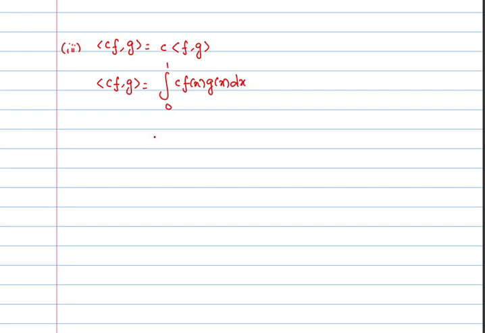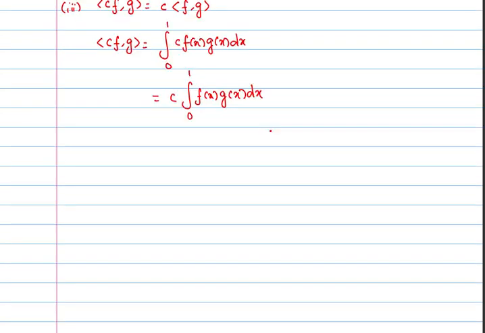Correct? Now look, this is some constant. Because my integral operation is always linear, I take C outside: C times the integral from 0 to 1 of F of X times G of X dx. So this is nothing but C times inner product of F comma G.